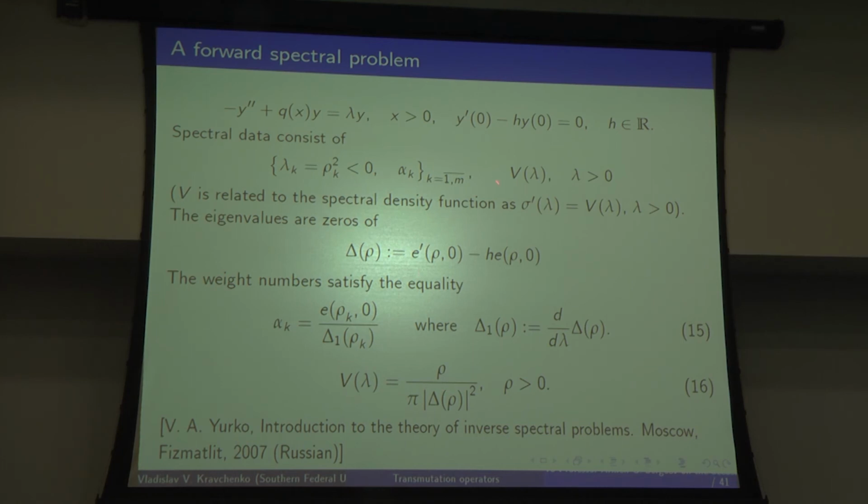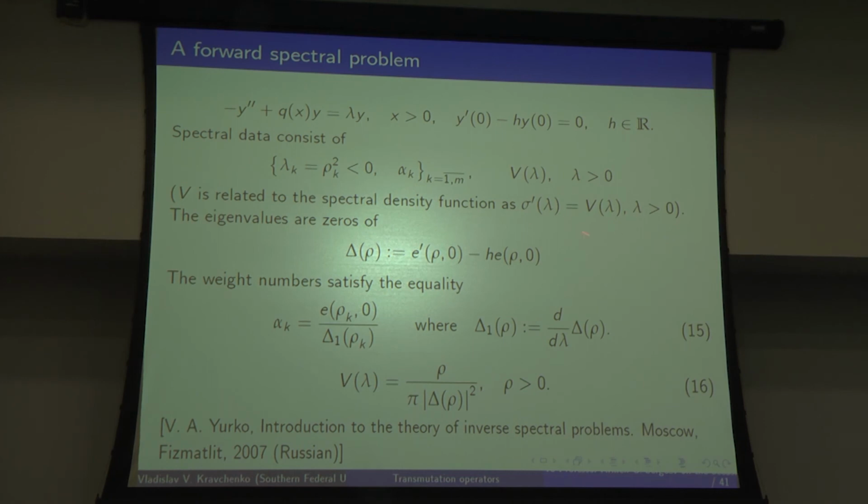And finally, the most important, this function v(lambda), which is just the derivative of the spectral density function, because the spectral density function itself doesn't matter, nobody needs it. What is needed is its derivative, because in all the spectral expansions, what appears is the Stieltjes integral with d sigma.